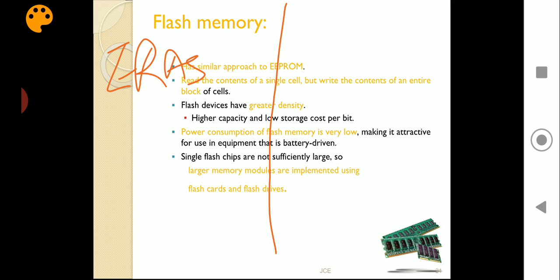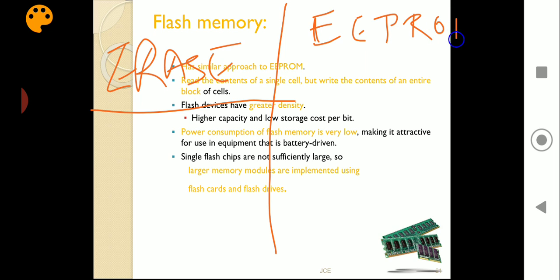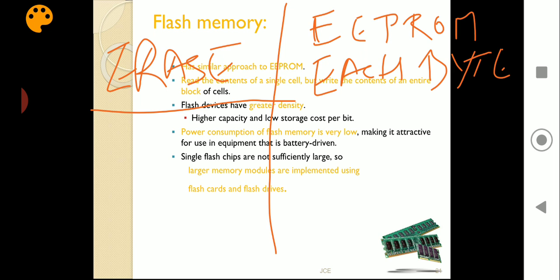We can erase all the data at a time, right? But in your EEPROM, what happened? It was not possible. Here we need to erase each bit or each byte, you can say. We need to erase each byte. So I hope this first point is clear, friends.